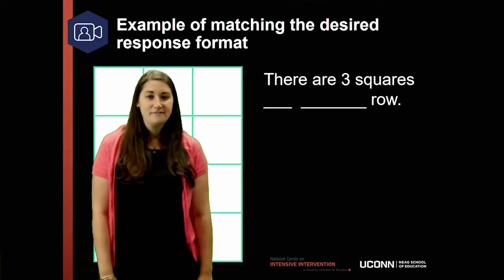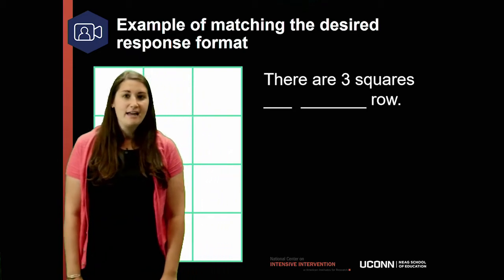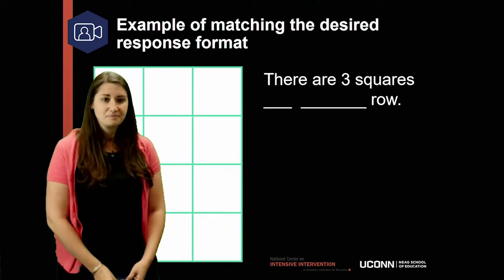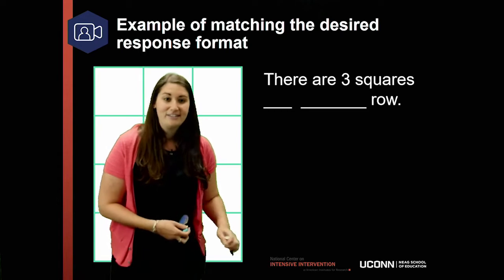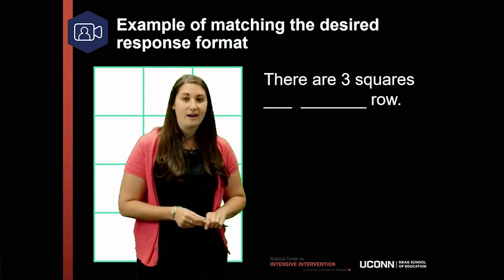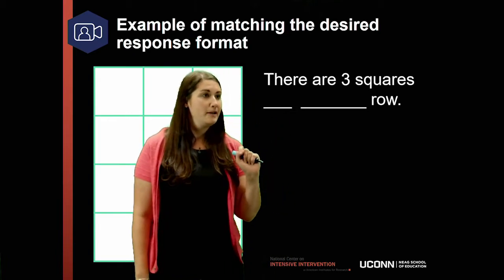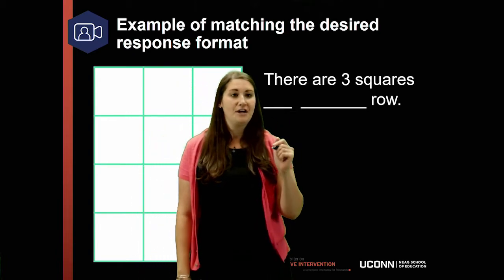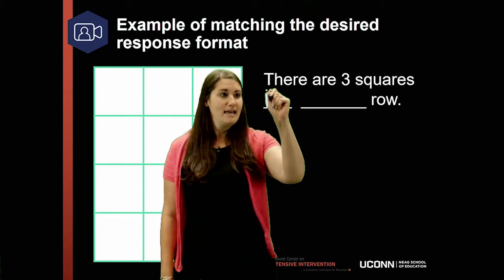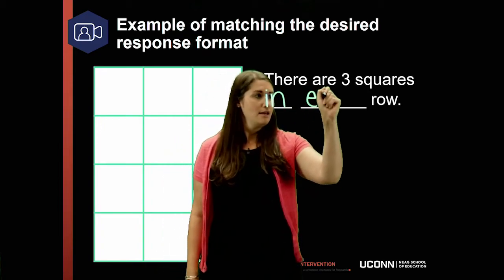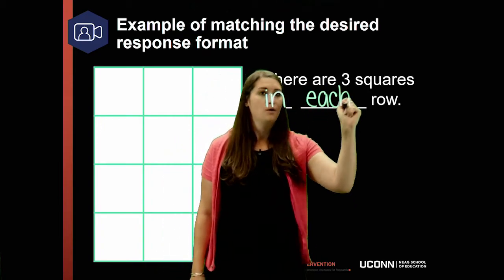I heard lots of good discussion happening. Sarah Ann, what did you and Dominique say? Great job. You said there are 3 squares in each row. That's right. So everyone, please take out your notebook and copy this down with me. There are 3 squares in each row.